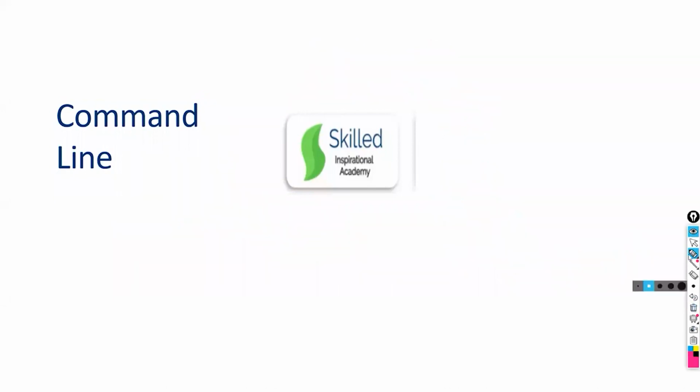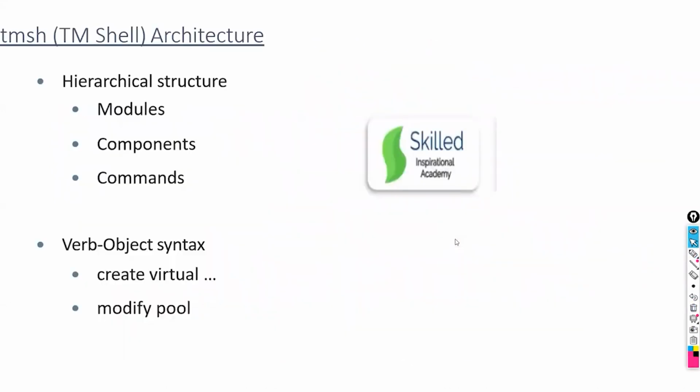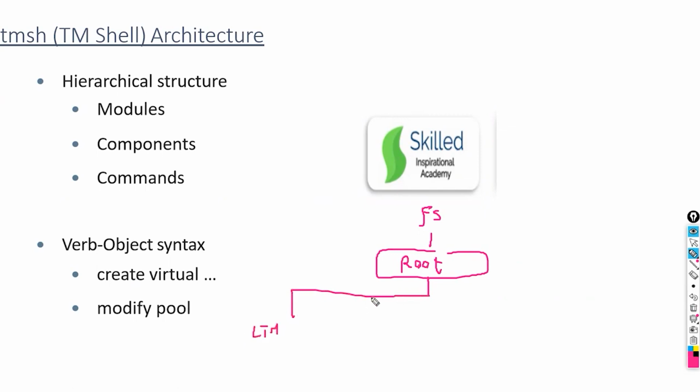So let's go with the tree architecture. When I talk about the CLI part, guys, your F5 starts with your root. After root, it will have your modules, whether it's the LTM module, GTM module, ASM module, or any other module called APM.